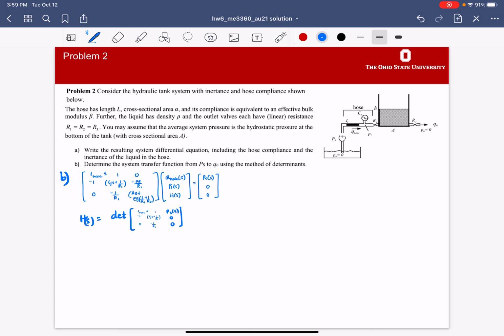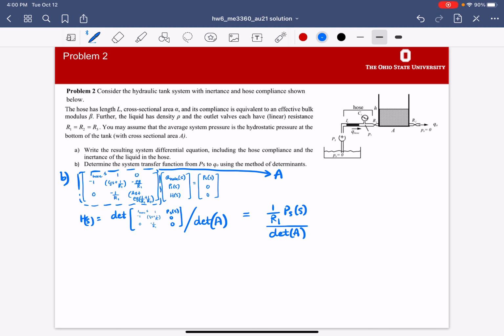And this would be divided by the determinant of the entire coefficient matrix A. So I'm calling this entire matrix A. So this would be determinant of A. And once you simplify this a little bit more, you will see that the numerator turns out to be 1 by R1 PSS divided by the determinant of A.